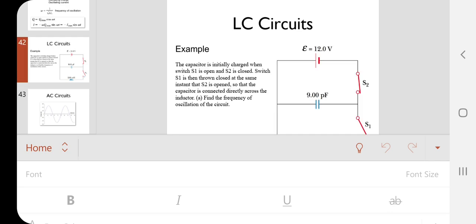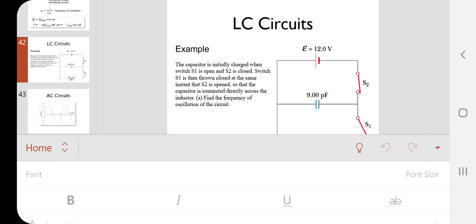So this is the LC circuit, generally used as an oscillator, initiating a charge when the switch S1 is opened and S2 is closed. The switch S1 is then thrown closed at the same instant that S2 is opened, so that the capacitor is connected directly across the inductor. Find the frequency of the oscillations.